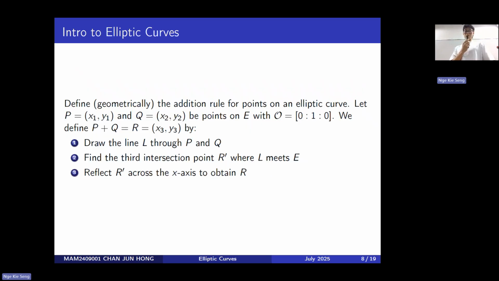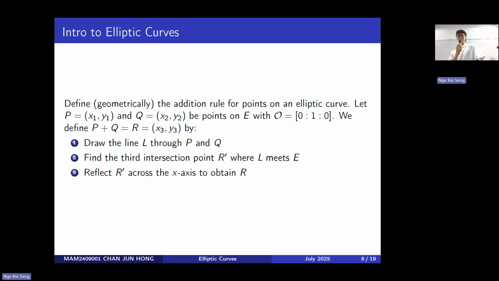First, we define geometrically this addition rule for the points on an elliptic curve. Let P be the first point with coordinates x1 and y1, and Q have the coordinates x2, y2.